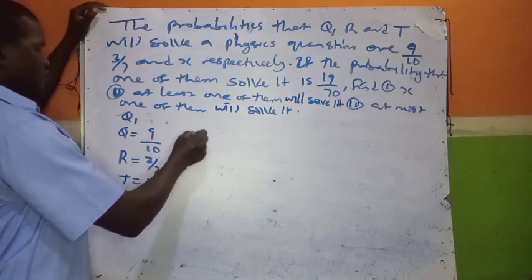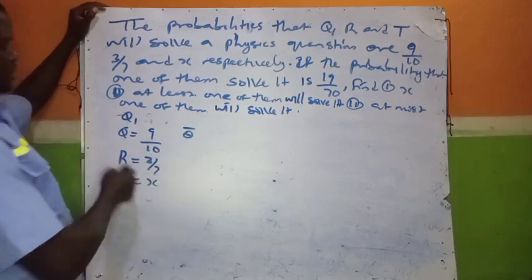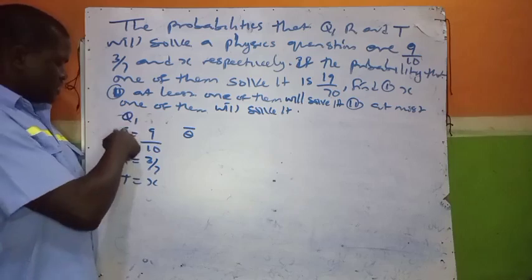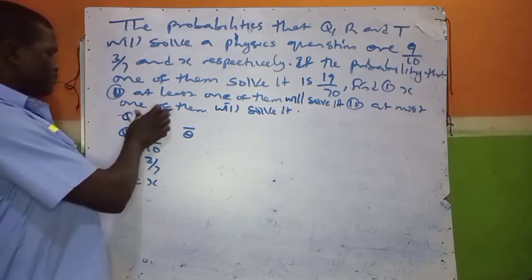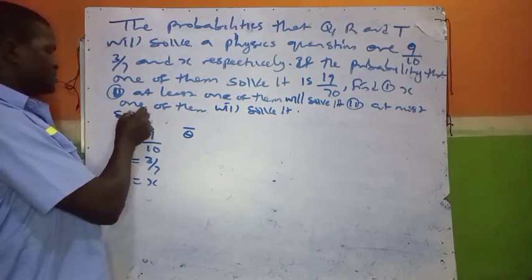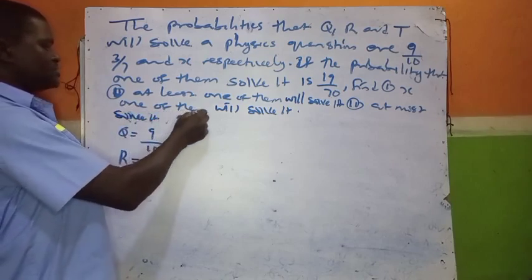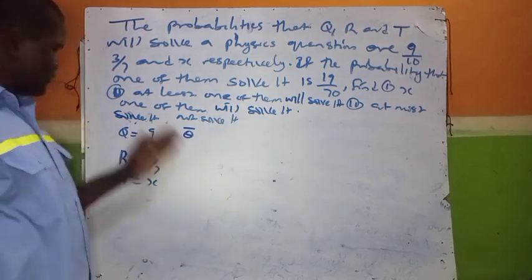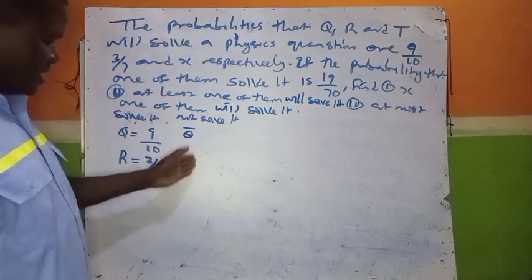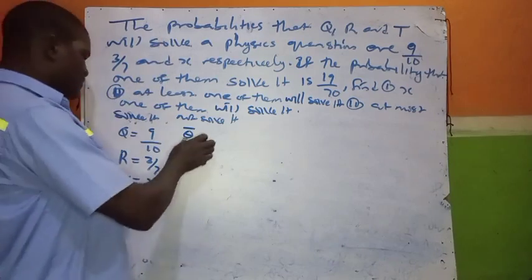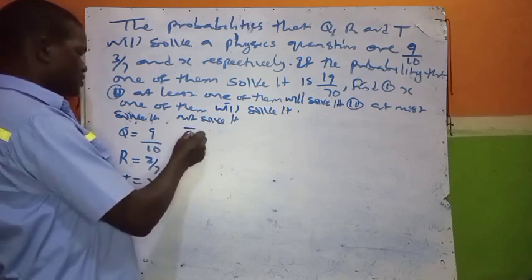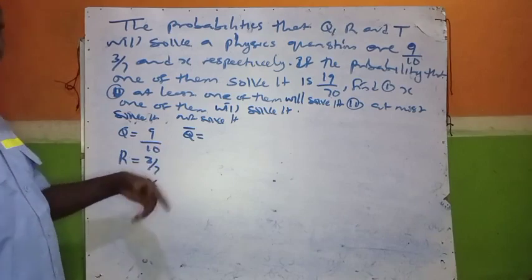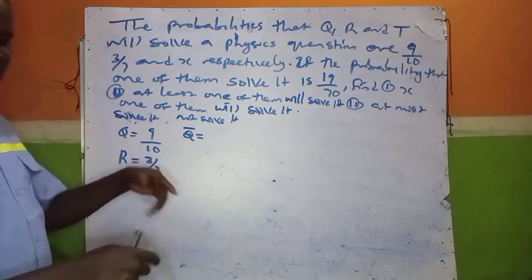So you are going to look at the probability. For Q, here is solve it, here is not solve it. The probability that they can solve it is what you have here, and that they cannot solve it is here. So for this one, you have 1 minus the probability that Q will solve it.